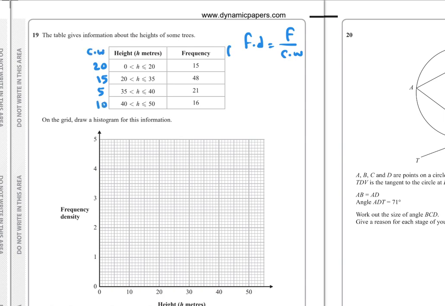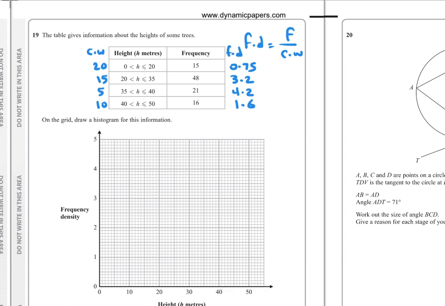Now to find the frequency density, divide 15 by 20, so 0.75. 48 divided by 15 is 3.2. Then 21 divided by 5 is 4.2. 16 divided by 10 is 1.6.